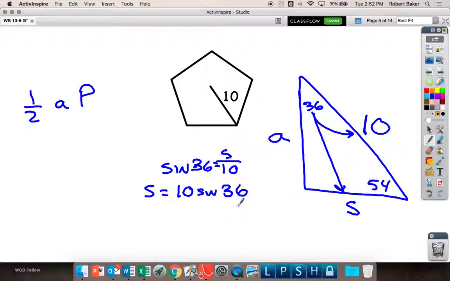So that represents the value from here to here. How many of those values make up the whole perimeter? 10. So I need 10 of those. Now I have a perimeter.